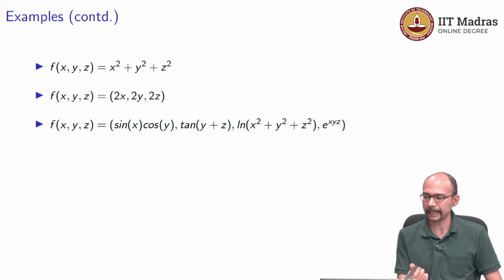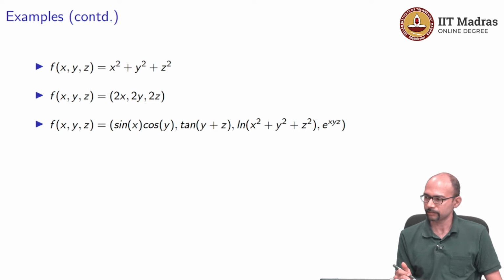Of course, we also have a tangent of y plus z. So, we have to define this when the tangent function exists, as it does not exist everywhere. So, we have to be careful that y plus z is not odd multiples of pi by 2, right.